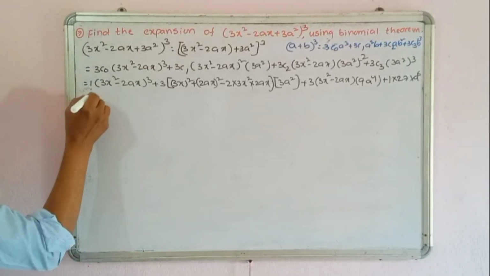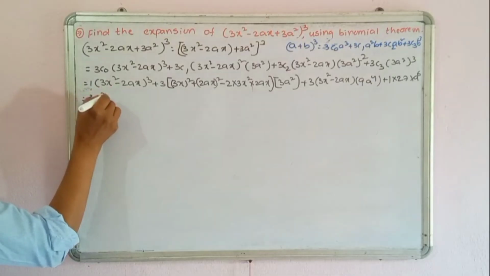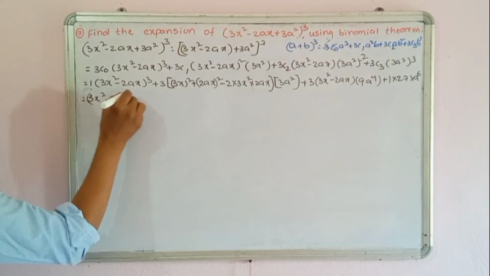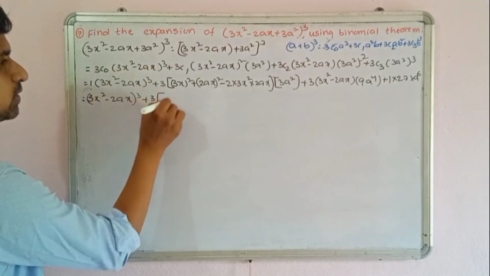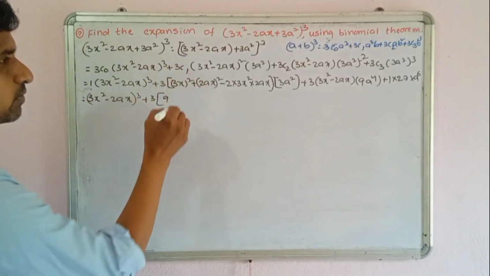So that equals 1 times anything is the same number: (3x² − 2ax)³ plus 3 into, see carefully this one, 3² is 9.